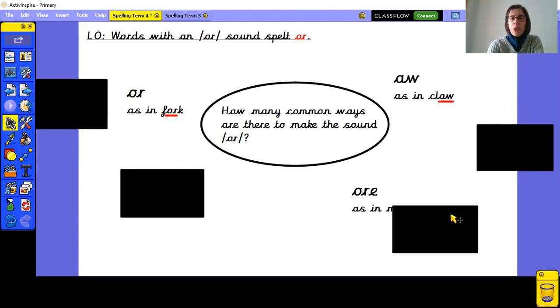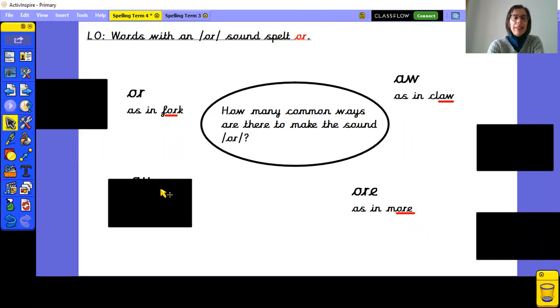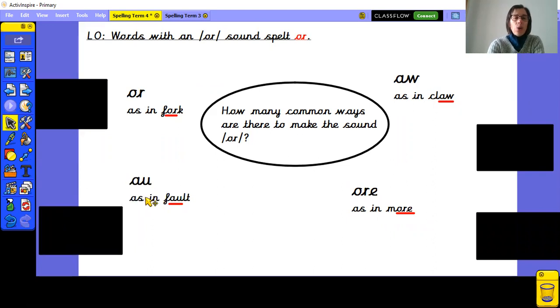Then we're moving on to O-R-E, as in more. And finally, A-U, as in fault. Did you have this sound? Did you have these ways to spell the sound O? Or how many more did you have? And if you had more than 4, fantastic.